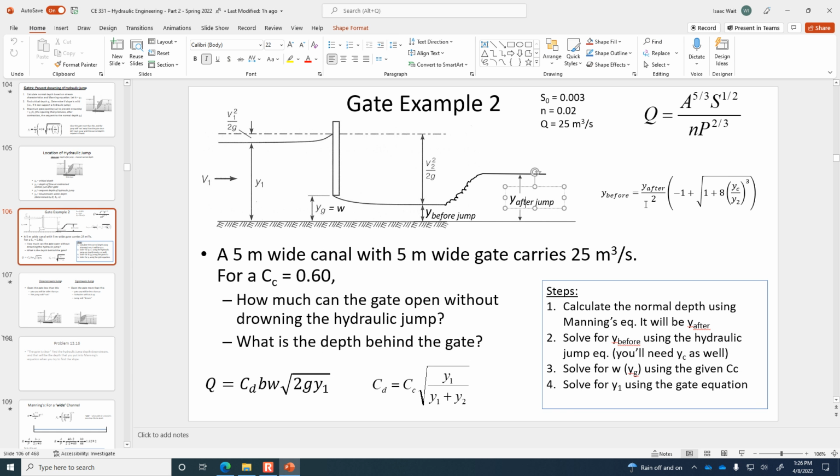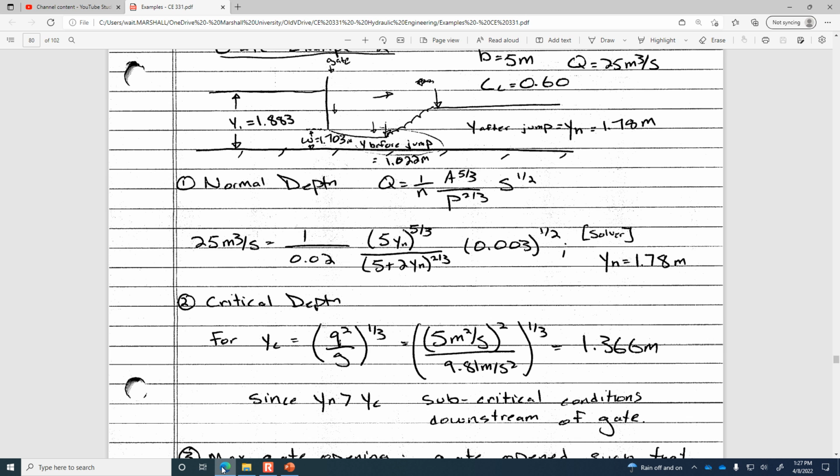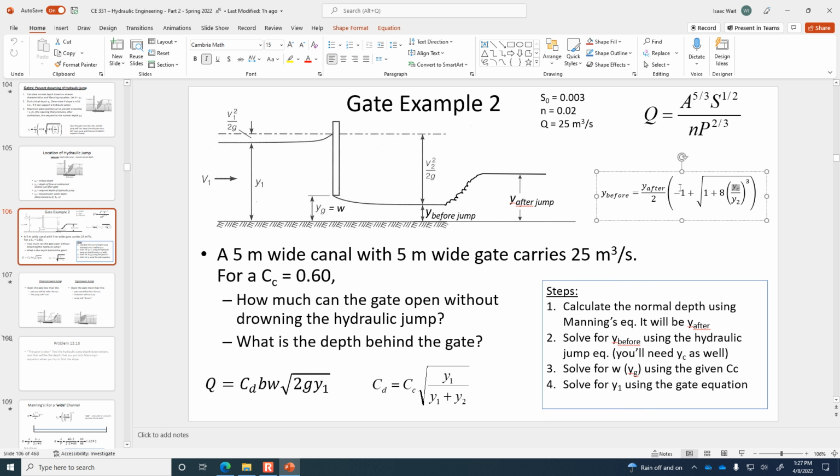Okay, so what we're going to do for the second part is solve for y before. The y before is going to use the 1.78 as y after. It's also going to use 1.78 as the y2, that means the depth after the hydraulic jump. And it's going to use the 1.366 that we just calculated for the critical depth here inside the parentheses.